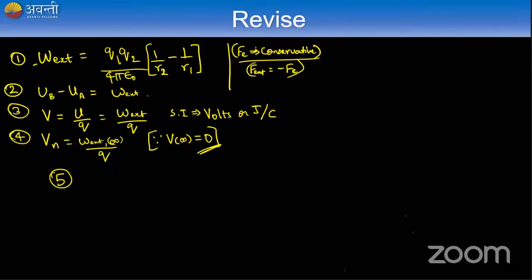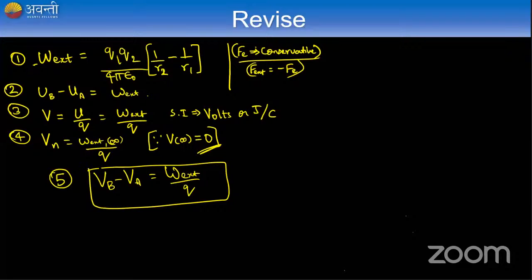If the change in potential VB minus VA is given, then VB minus VA will also be equal to W external by Q, right? This change in potential is nothing but the change in potential energy per unit charge. The change in potential energy is the external work done, so the external work done per unit charge is my change in potential.